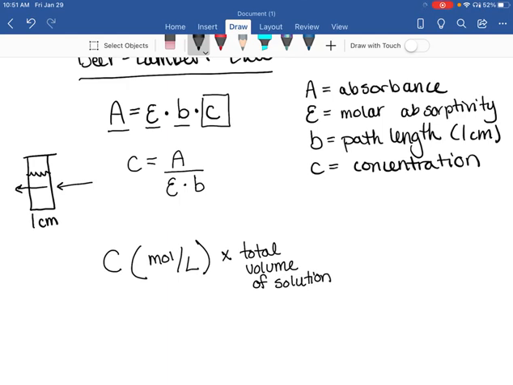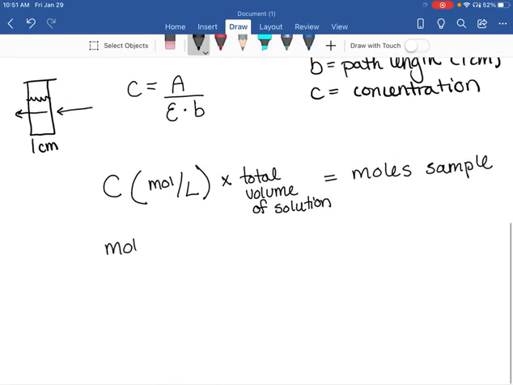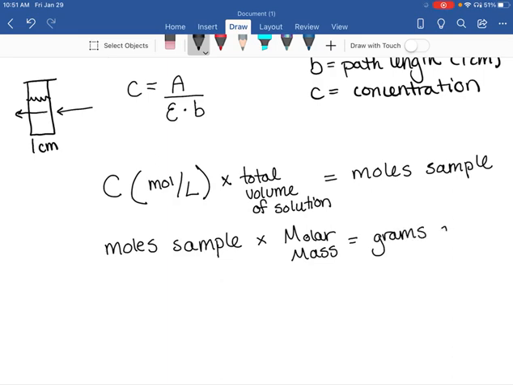Now, you might have to convert milliliters to liters in that step, so just be careful with your units. So that will give you moles of your sample. Then in the next step, you'll want to convert moles of your sample into grams. So we'll multiply this by the molar mass. And then finally, we'll just convert grams into milligrams. And I'll let you figure out how to do that step.